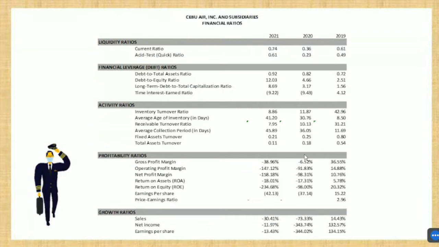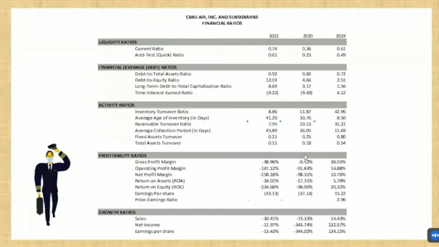Next slide po. First are the liquidity ratios. Under the liquidity ratios, first is the current ratio.